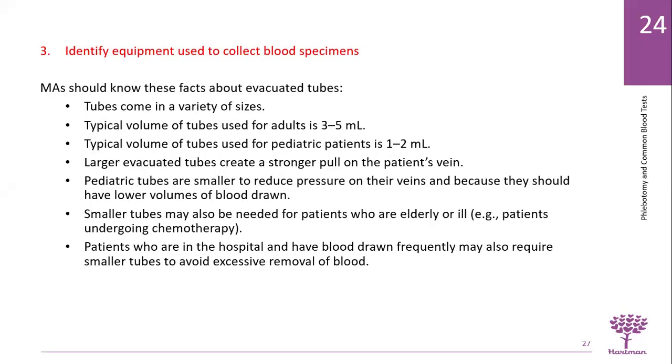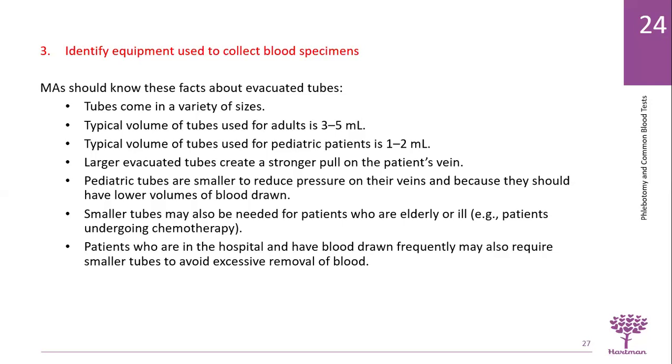So here are some facts about evacuated tubes. Tubes come in a variety of sizes. Typical volume of tubes used for adults is 3 to 5 milliliters. Typical volume of tubes used for pediatric patients is 1 to 2 milliliters. Larger evacuated tubes create a stronger pull on the patient's veins, and you need to know that. Pediatric tubes are smaller to reduce pressure on the veins, and because they should have lower volumes of blood draw.